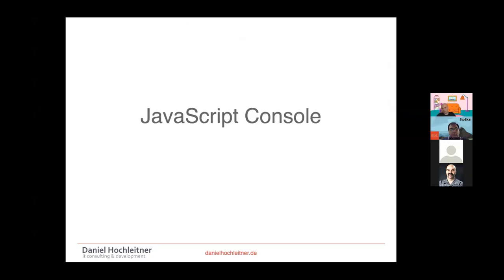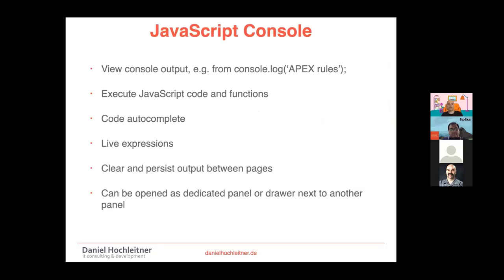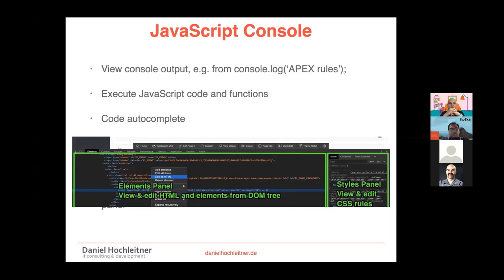Next would be the JavaScript console, where you can console output some information. Like if you're a database guy, like DBMS output. Execute JavaScript code and functions. You have a code autocomplete, so if you type in some code, you will get autocomplete information to it. You can have live expressions. I show it in a short demo.